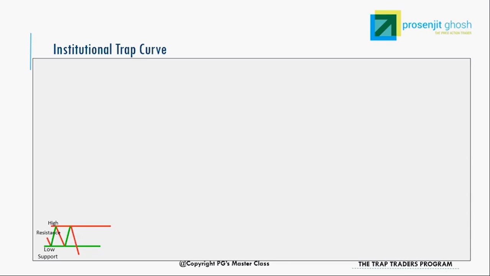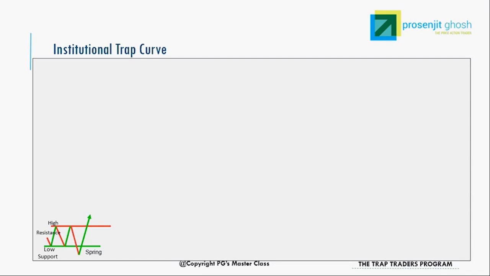After moving sideways, price suddenly drops down and breaks the support, but it fails and moves up, and thereafter it breaks the resistance.